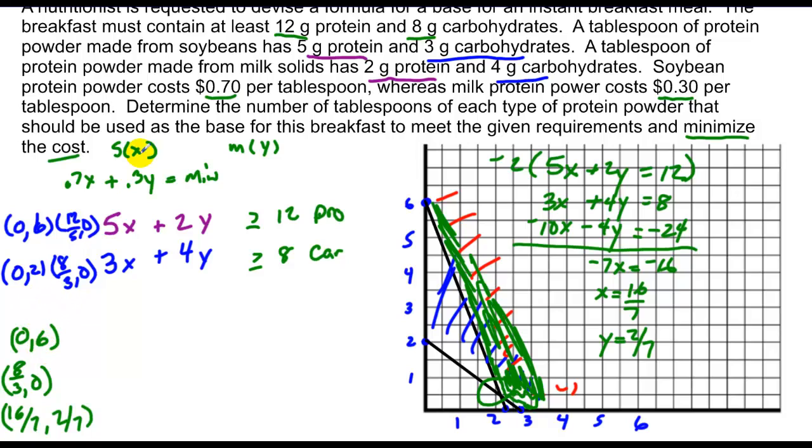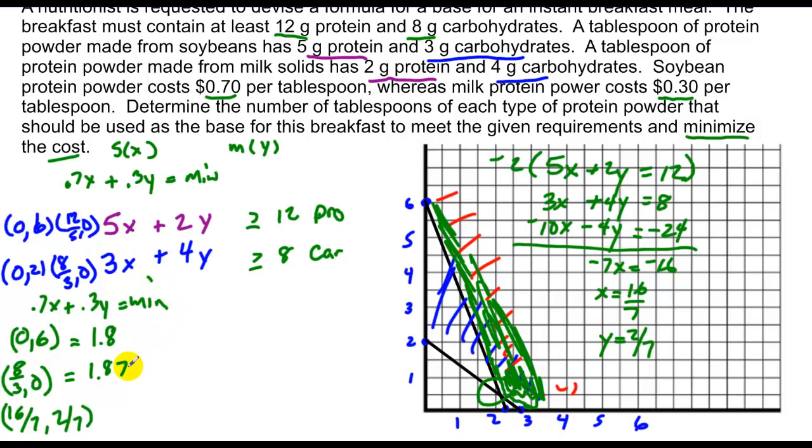Now I'm going to plug that into my minimizing equation. 0.7x plus 0.3y is a min. And plugging 0, 6 in, 6 times 0.3 gives me 1.8. 8/3 times 0.7 gives me basically 1.87, so that's a little bit more.